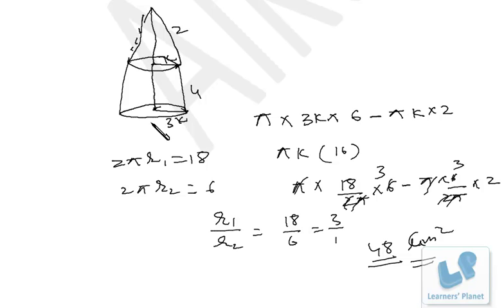You just have to add both the quantities to this 48, that is the curved surface area. You can simplify this calculation by taking things as common, and you can eliminate the step. Actually, it is not at all necessary. It's just pi R1 L1 minus pi R2 L2. Right? That's it. That is the curved surface area of the bigger cone minus the curved surface area of the smaller cone. Right?